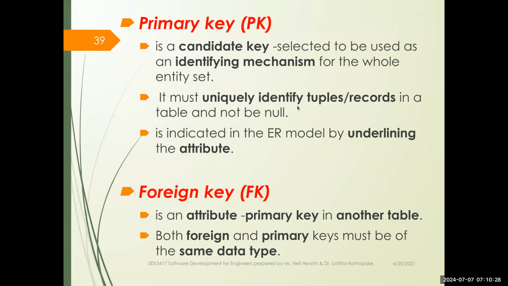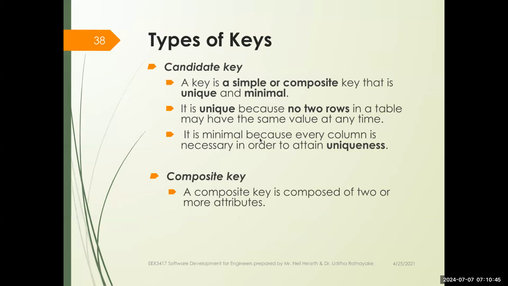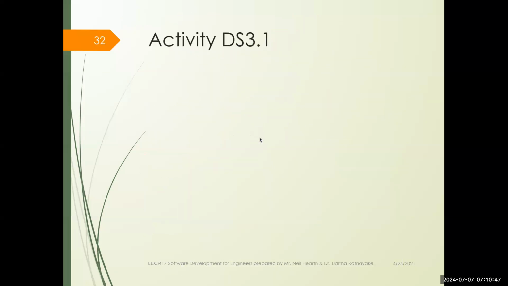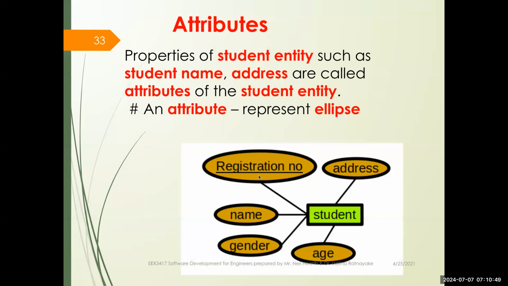Primary key, foreign key. The primary key is a candidate key selected to be used as an identifying mechanism for the entity set. It is indicated in the ER model by underlining the attribute. Here you can see this underline.